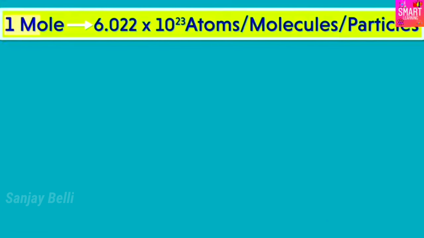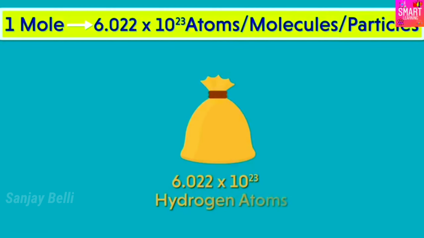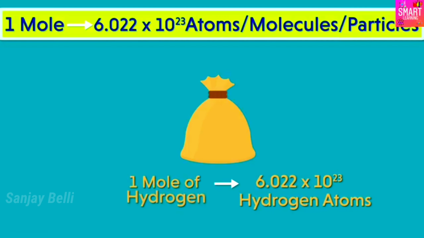So is this how we define 1 mole? 6.022 times 10 power 23 atoms, molecules or particles. Well, that's the simplest way to understand it. That means if we take, for example, a bag containing 6.022 times 10 to the power of 23 hydrogen atoms, then can we say it is 1 mole of hydrogen?